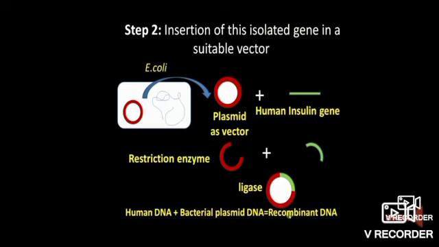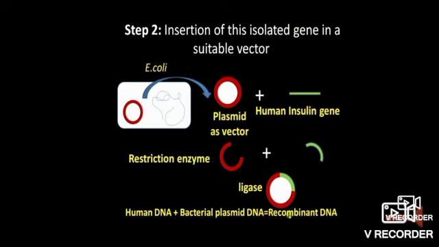First of all, we need to make a cut in the vector using a restriction enzyme. And cut also has to be made in the human insulin gene, the DNA fragment containing human insulin gene. We have to take out only the gene with the help of restriction enzyme.